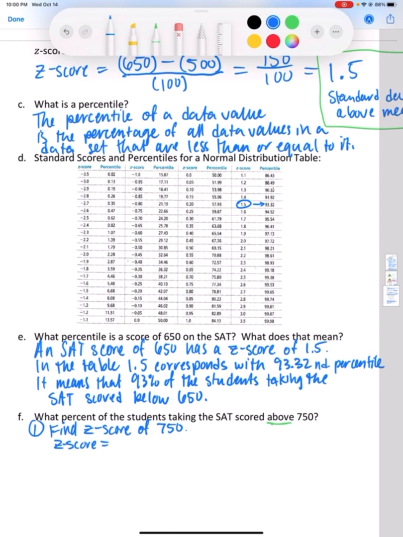The z-score is equal to 750 subtract 500, so the data point minus the mean, divided by the standard deviation. That's equal to 250 over 100, which is 2.5. So the z-score is 2.5, which is 2.5 standard deviations above the mean.